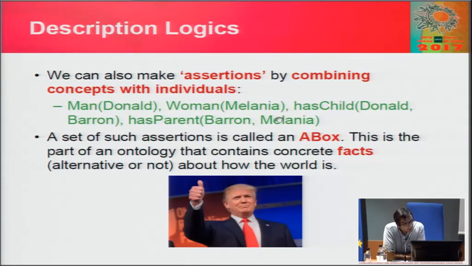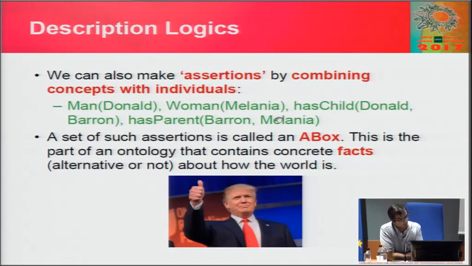And then in the second instance, we have that Melania belongs to the class of Woman. And then we have an example of a property which relates two individuals: Donald has child Baron. And in the last example here in green, we have that Baron has parent Melania.